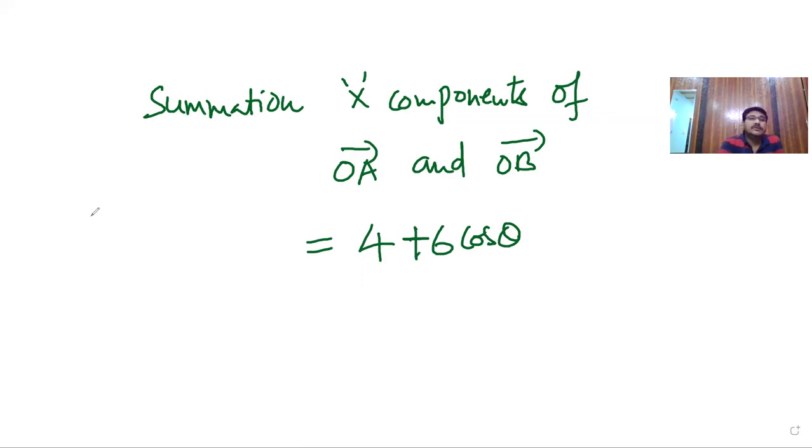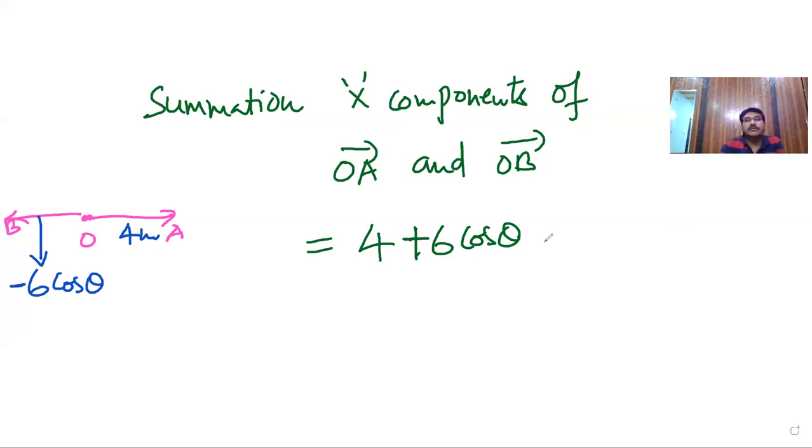Now observe, this is the origin. OA is in this direction. The x component of OB, the splitted component, is 6 cos theta, this is 4 meters. So already it is negative.